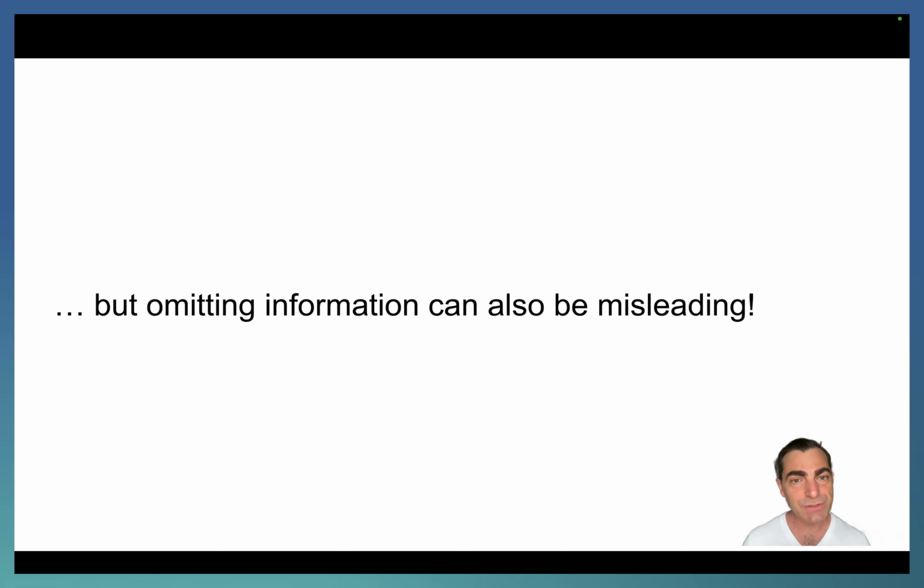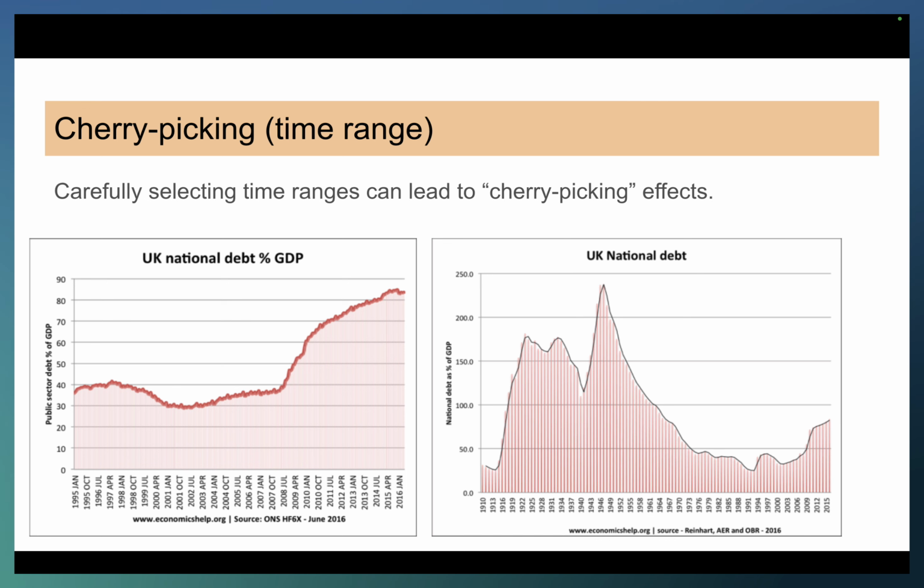But this also comes with its own downsides, as often happens in visualization. By omitting information, there's also a high risk of misleading, as usual, as we have seen for other choices that one can make in visualization. So the first type of problem is commonly known as cherry picking.